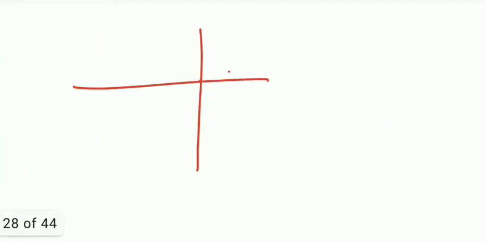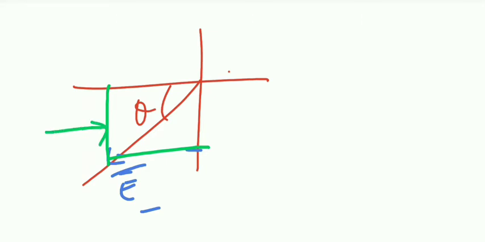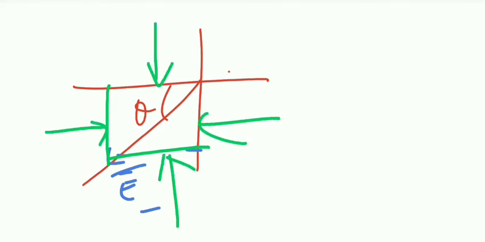Similarly, you draw here, this is theta. So we know that this is E minus vector. Let us draw one line to here and here. This is a vector addition. So this line and this line have the same magnitude. I want to find this length.